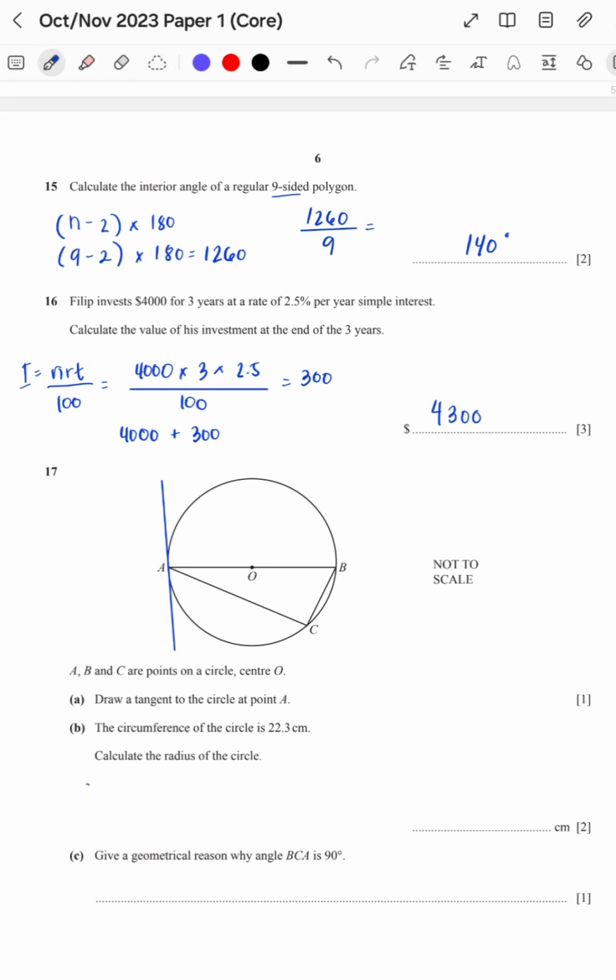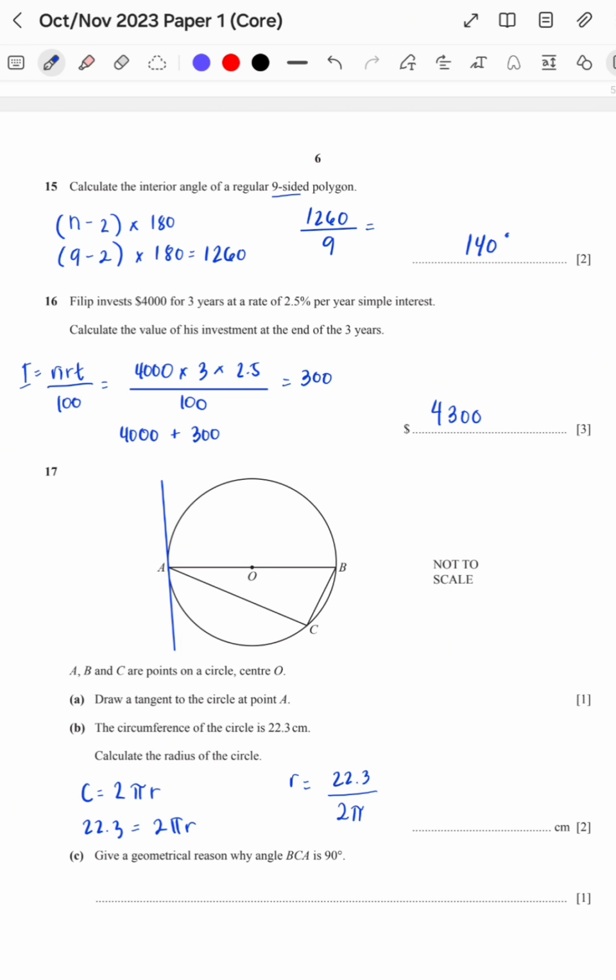The formula for circumference is C equals 2 pi r, so 22.3 equals 2 pi r. Let's divide both sides by 2 pi. So we'll get r is equal to 22.3, which is the circumference, divided by 2 pi.